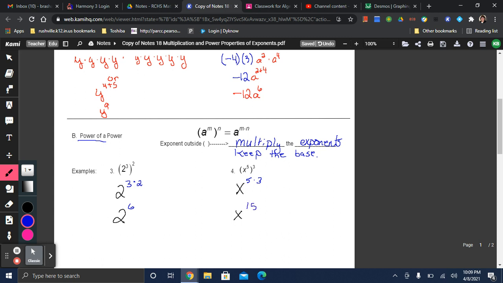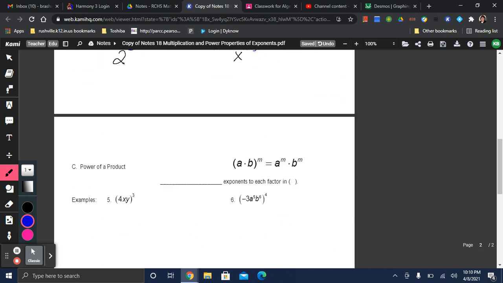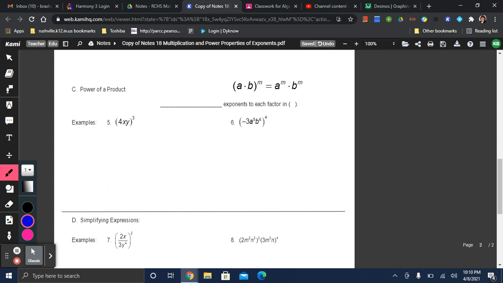So this is when you have parentheses with a power on the inside and a power on the outside. Multiply those exponents. Now that leads itself to when you have the power of a product. When you have that, you'll need to distribute. So we're going to distribute the exponents to each factor inside the parentheses.